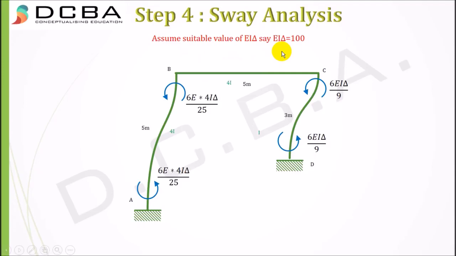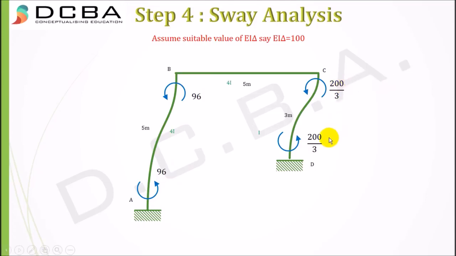I've arbitrarily taken EI delta as 100. You can take it as 1, 10, 20, 30, 1000, whatever you want. But 100 is a very good value to calculate with. So I'll substitute EI delta as 100 here and finally I get the moments. So I got 96, 96, 200 by 3, 200 by 3.